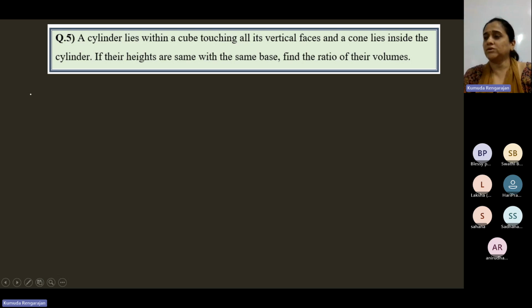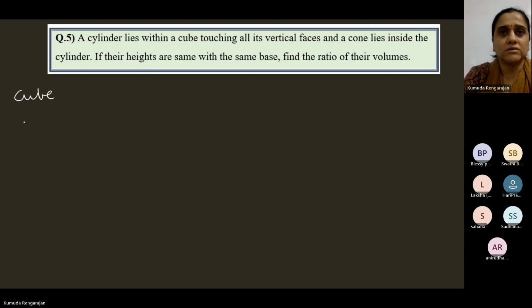So we'll now do it in the order from outside inside. So tell me what are the solids, children? Outside it was the cube, then cylinder, then cone. So radius is r, height is 2r.